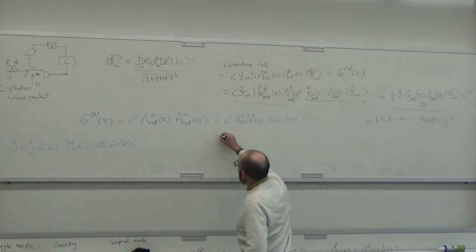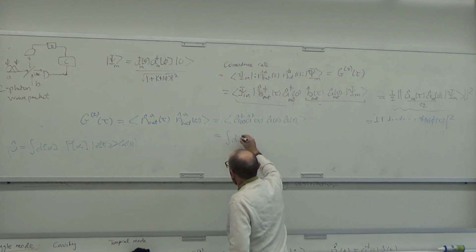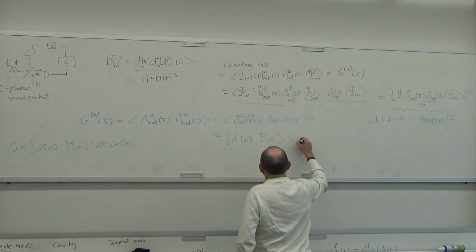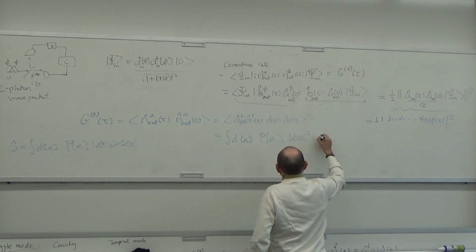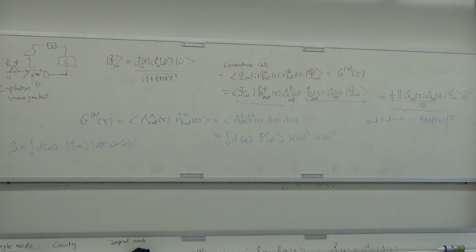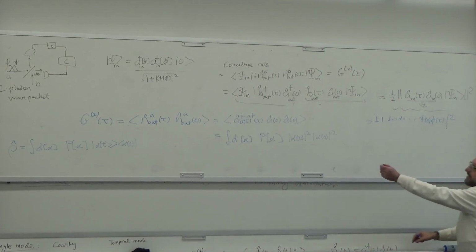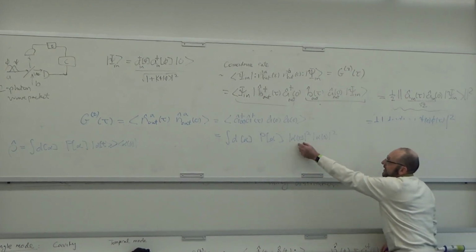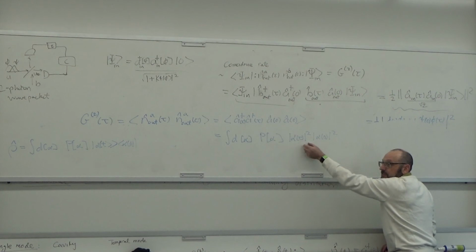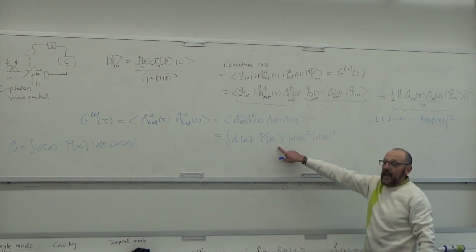So this object is equal to the statistical average over all those functions over the probability distribution. So classically, I just multiplied the intensity of the two output ports. Now I'm just statistically averaging that.